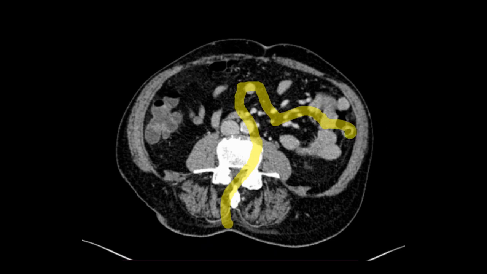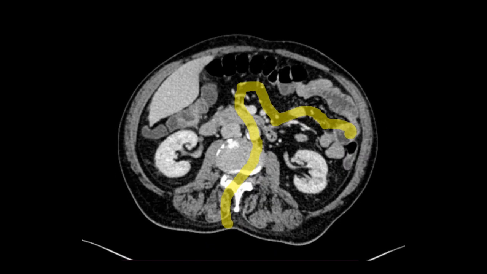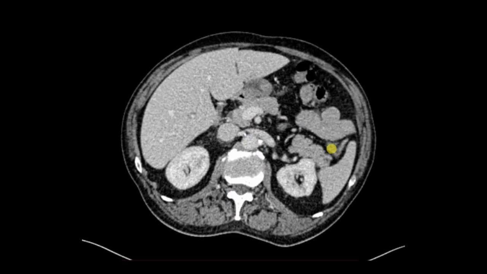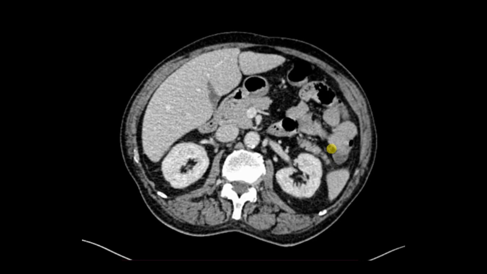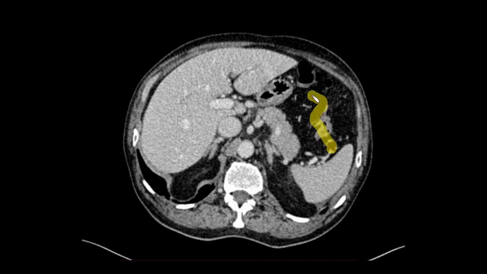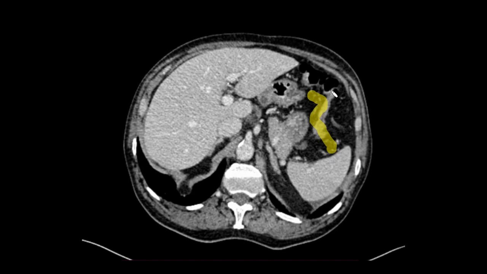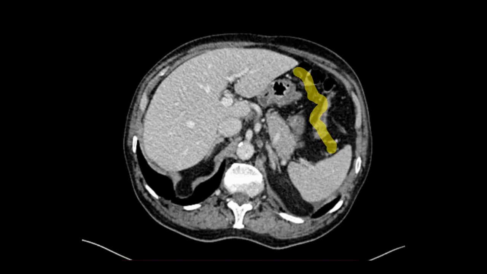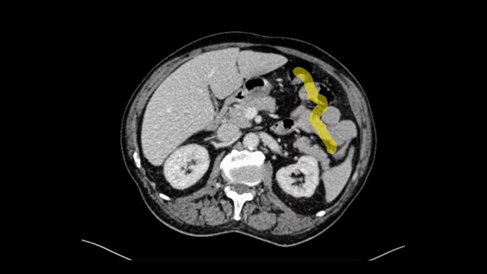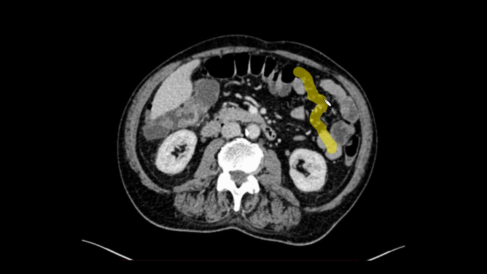Quite a collapsed descending colon, that is the descending colon. You can identify it by the amount of air. This is the splenic flexure, very collapsed. A very thin distal transverse colon in this area, if you can appreciate. That is the transverse colon.